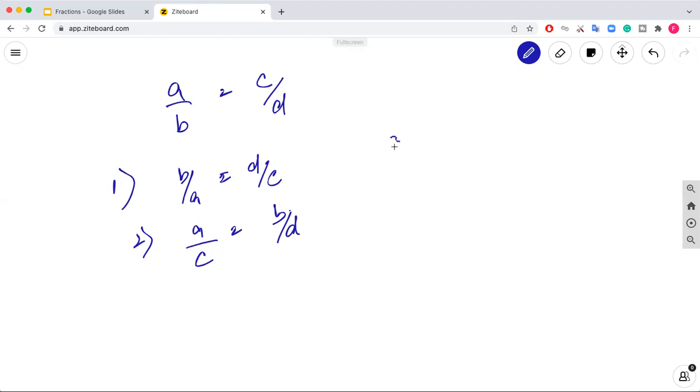And we can also write this as A over B is equal to C plus D over D. Sorry, A plus B over B is equal to C plus D over D. The result will be the same.